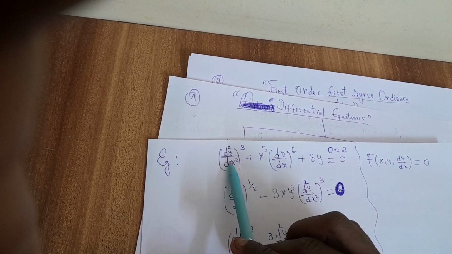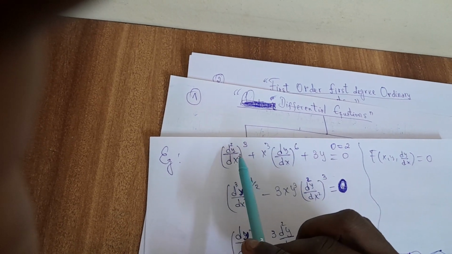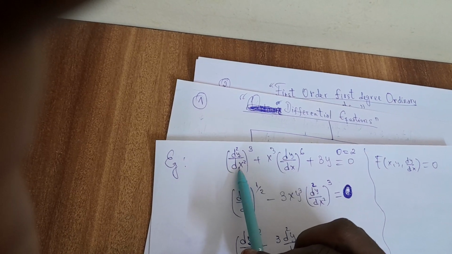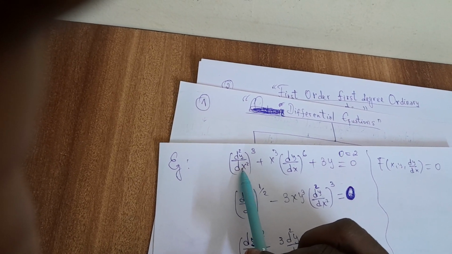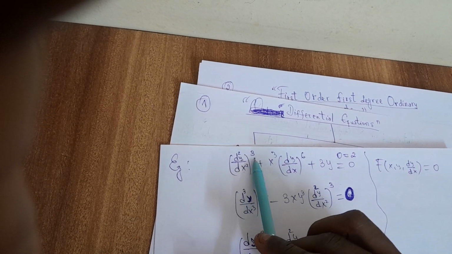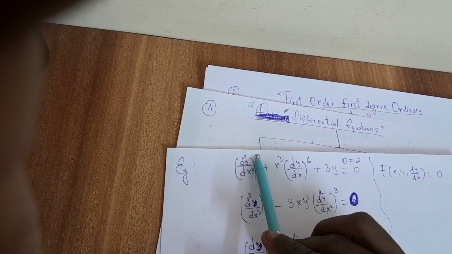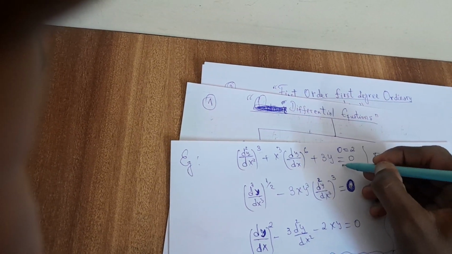So this is the highest derivative appearing in this equation, and the power of this highest derivative will be the degree of this equation also.